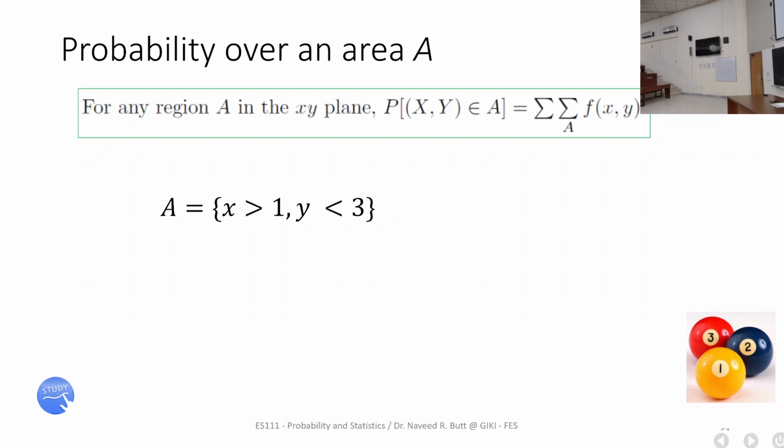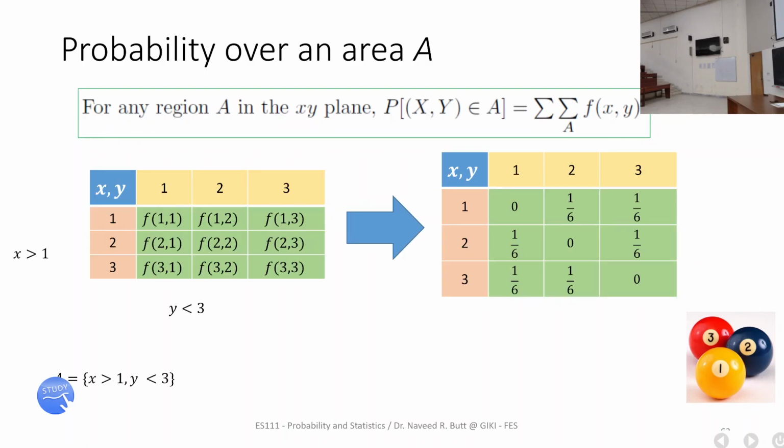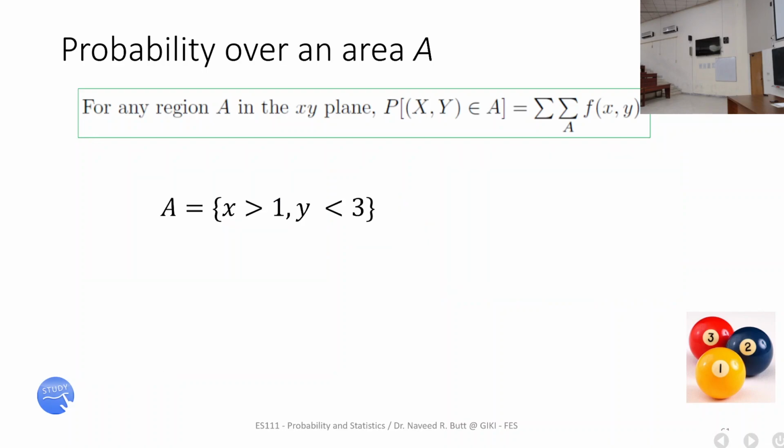Yes, less than or equal. So if you define that area, then you can still calculate it from here using this formula or just common sense. In this case, which part will we sum to find this probability of A?